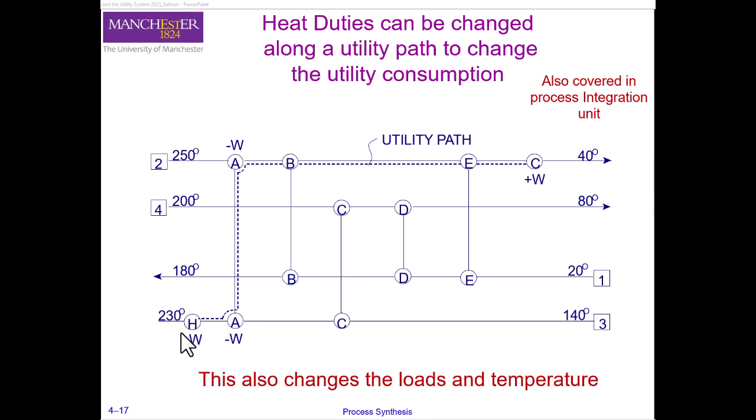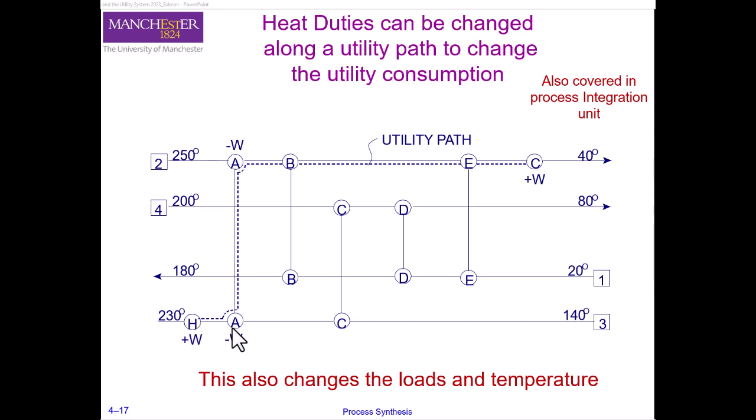So we have kept the energy balance. That will allow us to get the target temperatures. We will still get our target temperatures because the overall energy is still balanced.